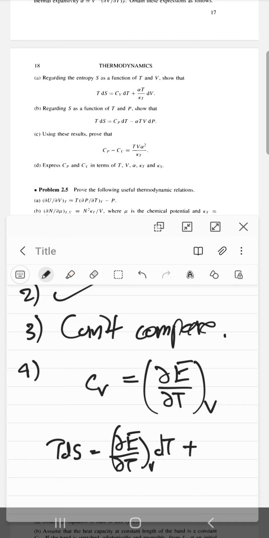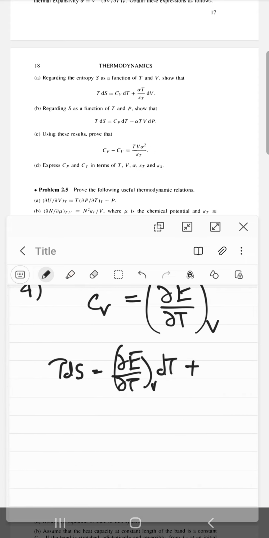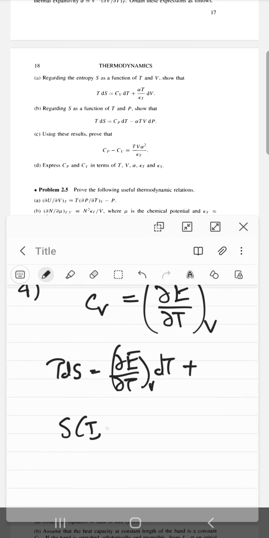So you are figuring out how the entropy changes with respect to temperature and volume, essentially. So thinking of entropy as a function of temperature and volume, you're writing this.